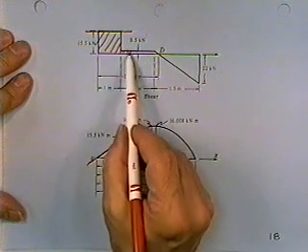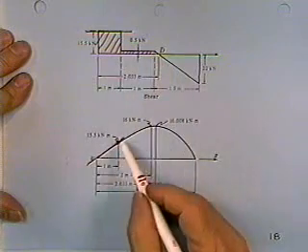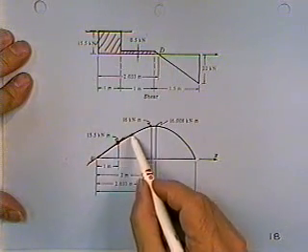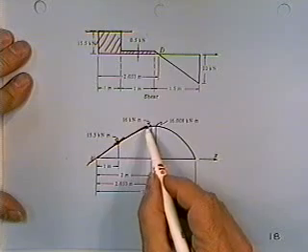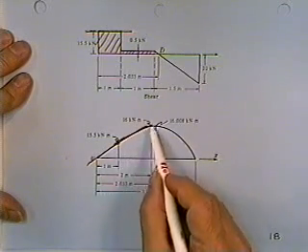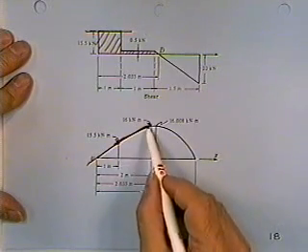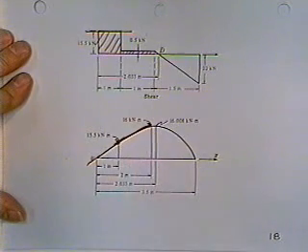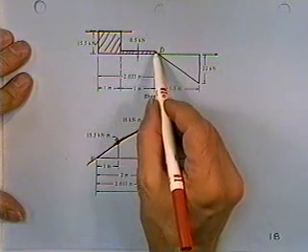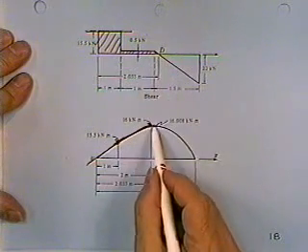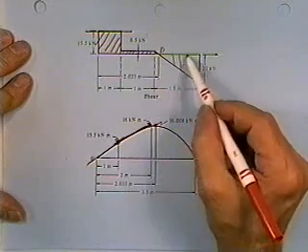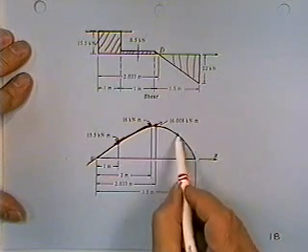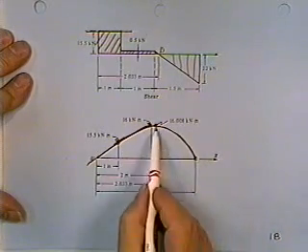The next little area pushes the diagram up. That should be a straight line in there. It looks a little curved, but it's a straight line. Then the little tiny triangle adds a little bit more. And then the great big triangle brings it on back down to 0.